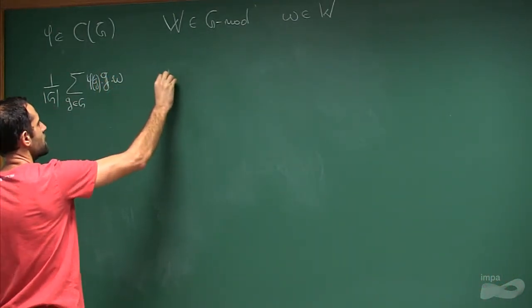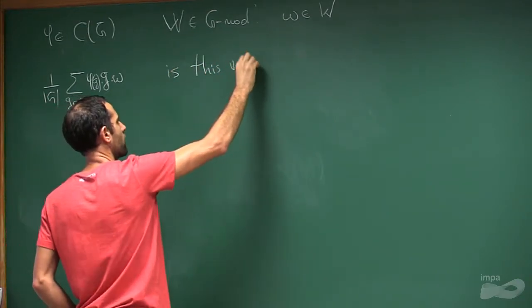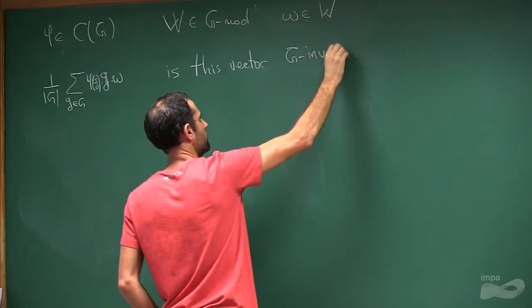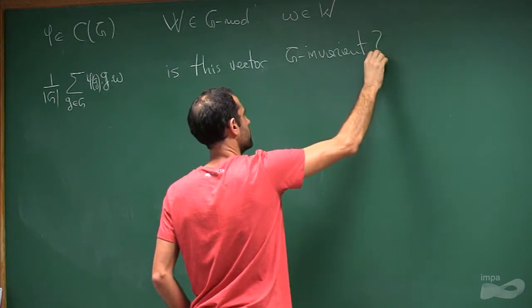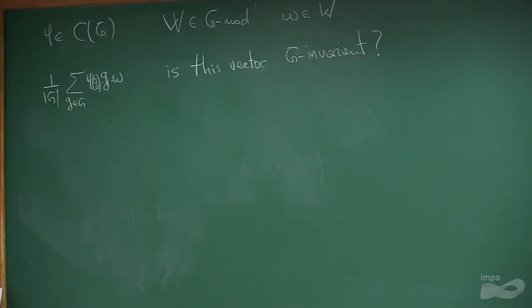So the question is, is this vector invariant? This is something that not only depends on the vector w, but it also depends on the function, which is a class function.